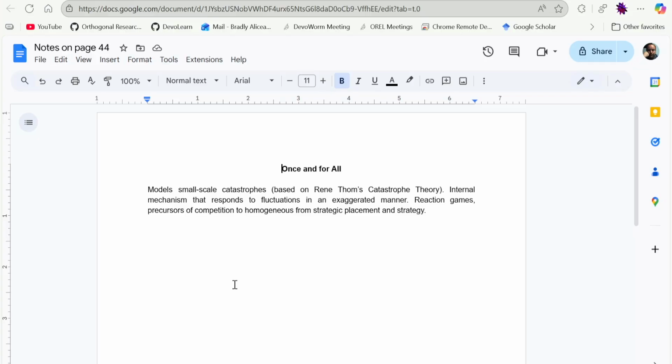And so through these kinds of strategies, we can examine these games and look at the precursors of homogeneous states. So if we see a catastrophe in a system, like an extinction of a species in a food web, we can go back and look at what the precursors were.